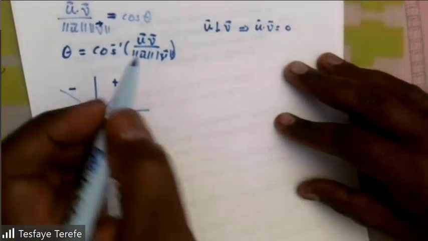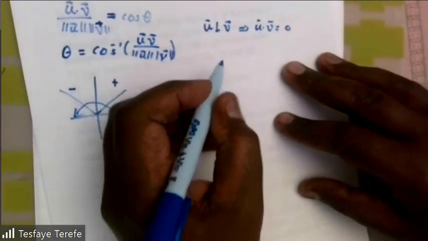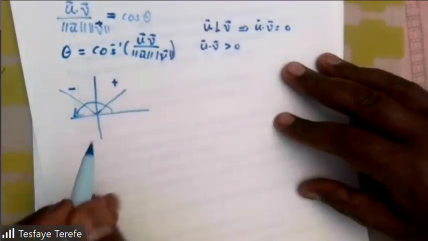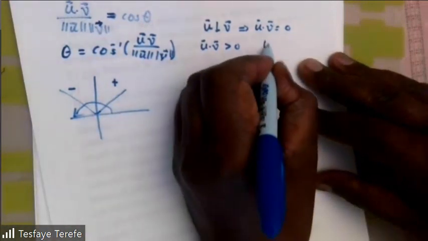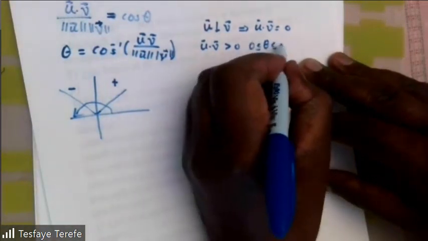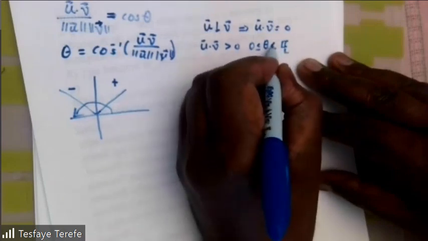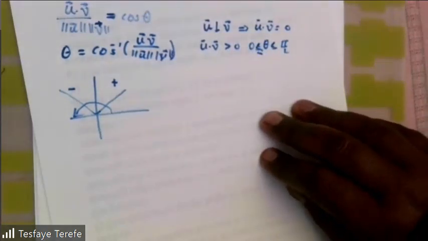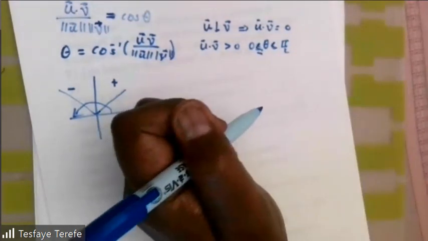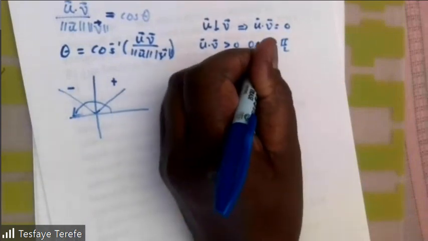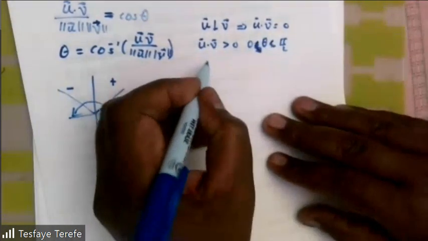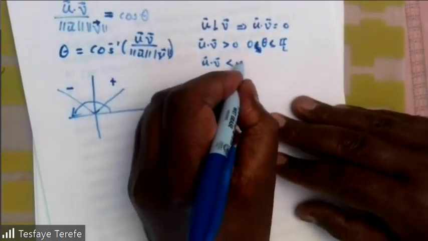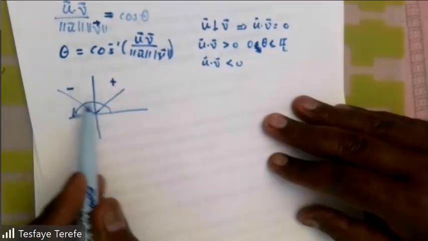That means if the dot product u dot v is positive, theta is between 0 and pi over 2, strictly like this. So strict inequality.